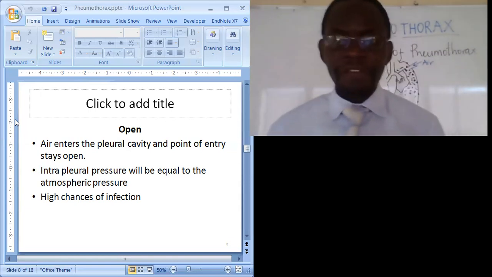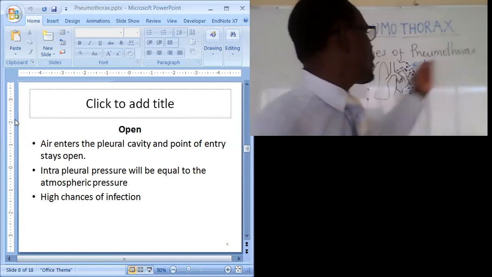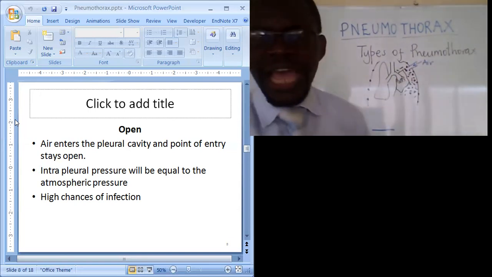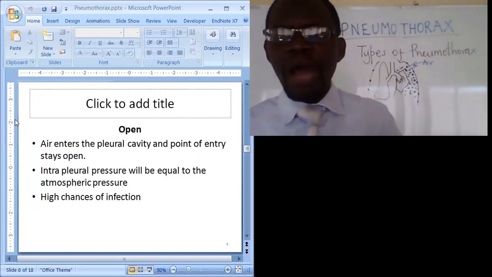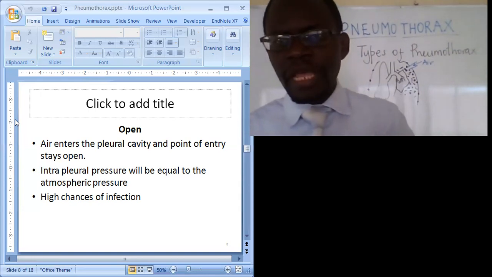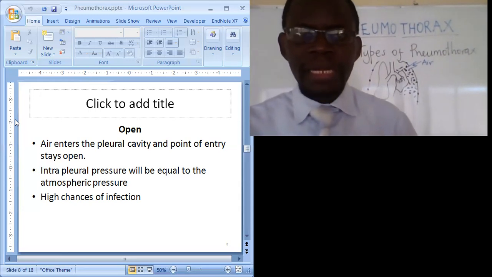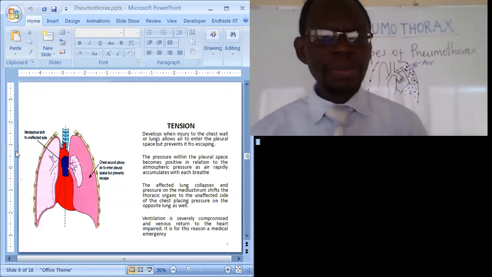When this happens, however, there are high chances of infection, because bacteria can also come in and end up infecting the lung. This is why these people are always brought to hospital and covered. Basically, you cover the area with gauze until you insert an ET tube and a chest tube. So that is open pneumothorax.